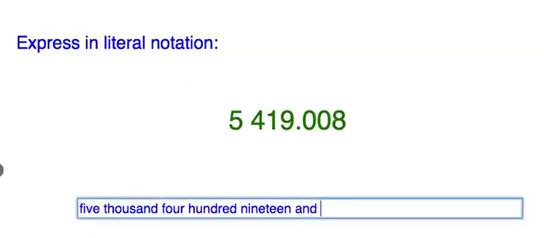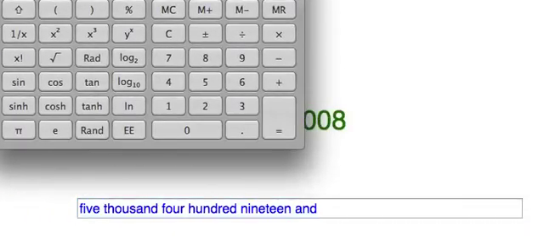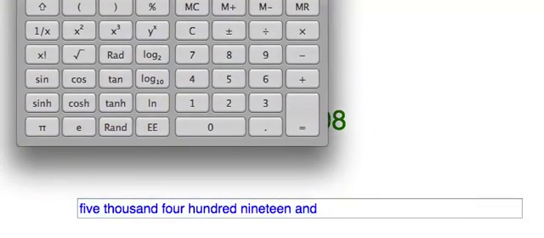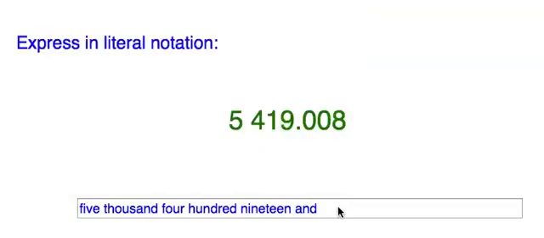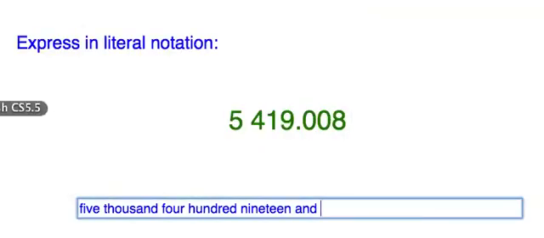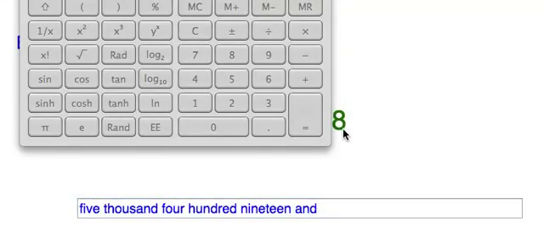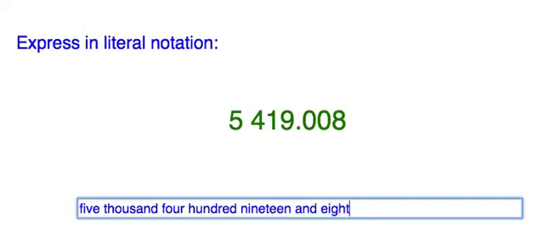Then we're going to cover up the whole number, the decimal, and any leading zeros before a number. And that just leaves us with 8. So I'm going to write 8, and the last decimal place is in the thousandths place. So tenths, hundredths, thousandths.